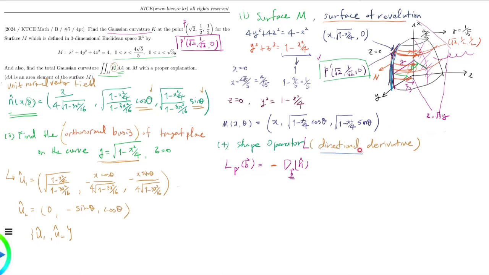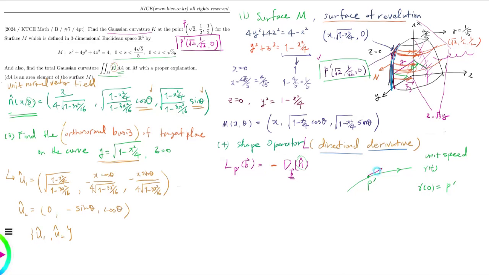For the directional derivative, it's a derivative of this unit normal vector following some curve, which is a unit speed curve, let's say gamma of t, which passes through point P prime when t equals 0.